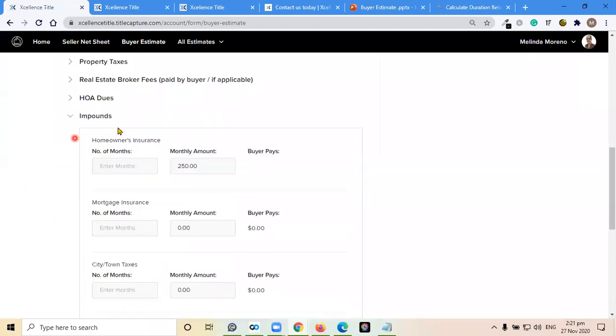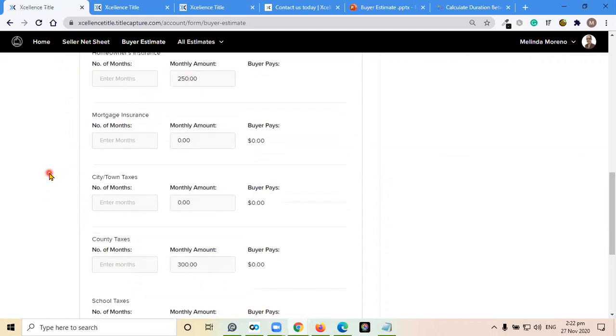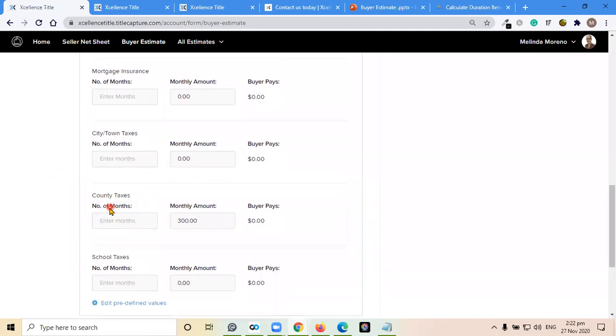And then let's discuss impounds. So this section is pertaining to prepaids where the buyer would need to pay in advance for the following items. And for this discussion, I'm going to show you how to determine the number of months to put under homeowners insurance and county taxes.